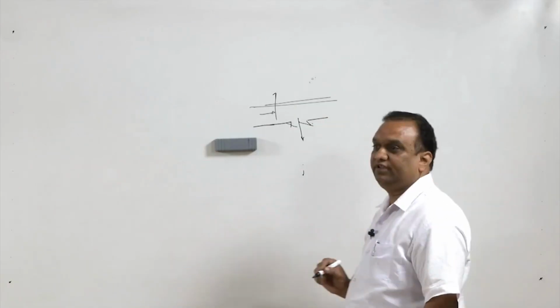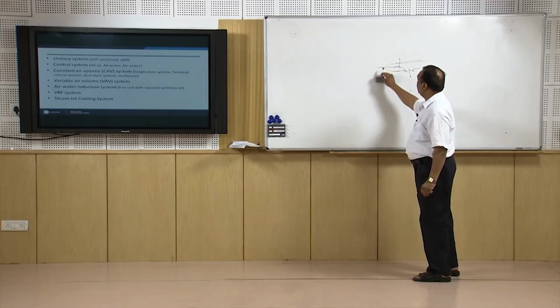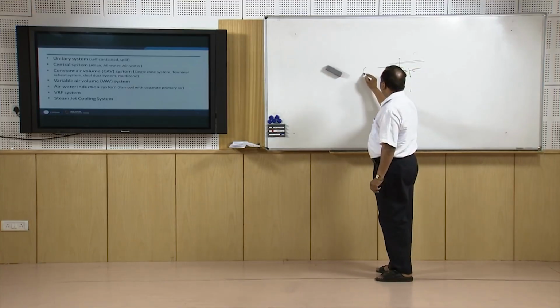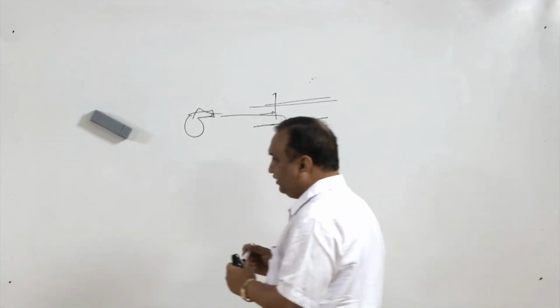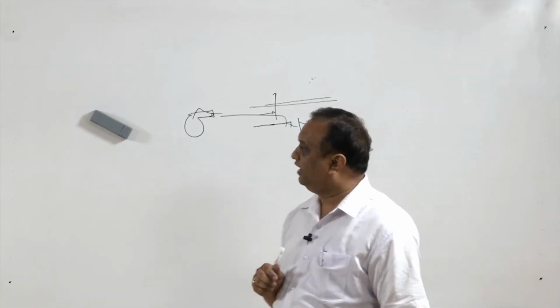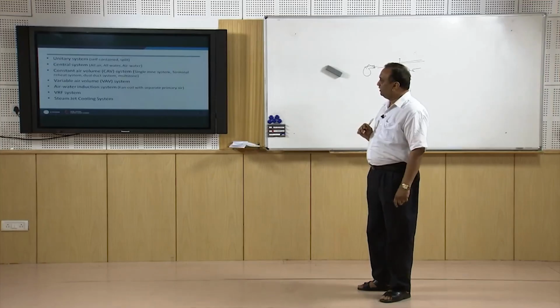When there is a rise in the static pressure in the duct, it gives a signal to the air handling unit and the supply of air to the room is reduced. So the variable air volume system is an energy efficient system.